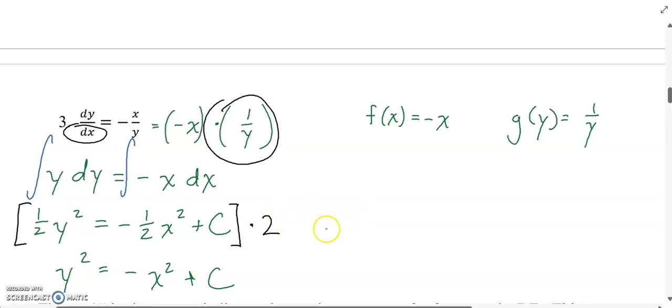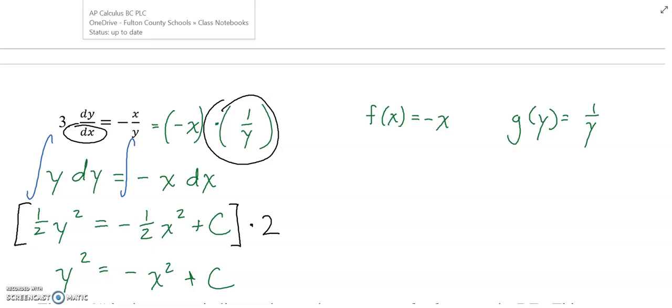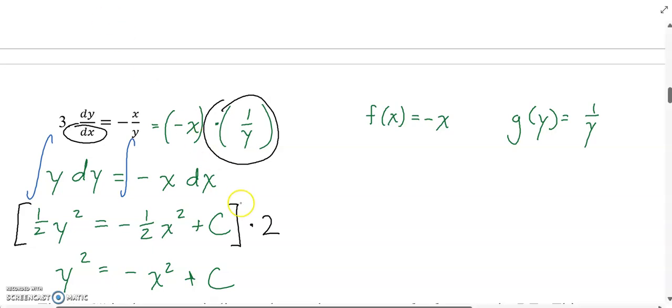You might say, well, maybe I'd rather solve for y. Well, if I solve for y, that's something we could certainly do by taking the square root. But then we start having to worry about pluses and minuses, and that's not wrong, but we can do that. Another thing we could do is we could maybe add an x squared to both sides of the equation. And if we add x squared to both sides of the equation, then we're going to get x squared plus y squared equals c.